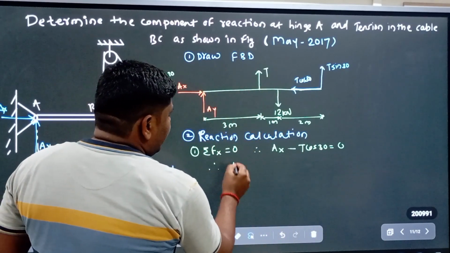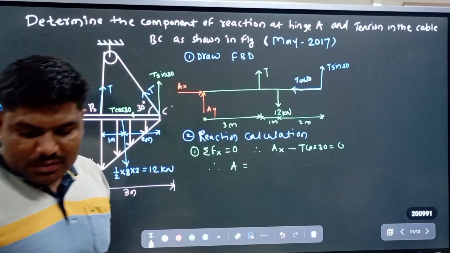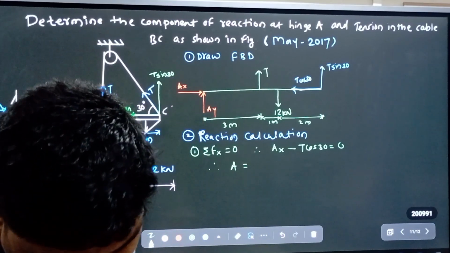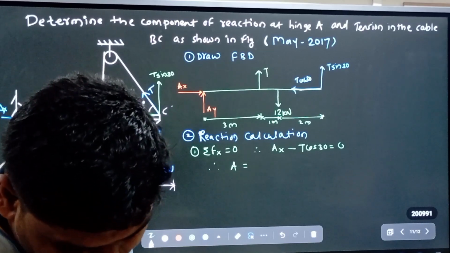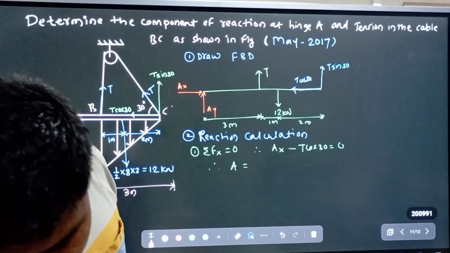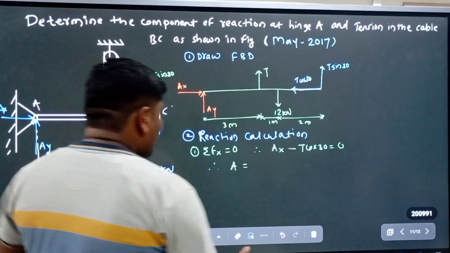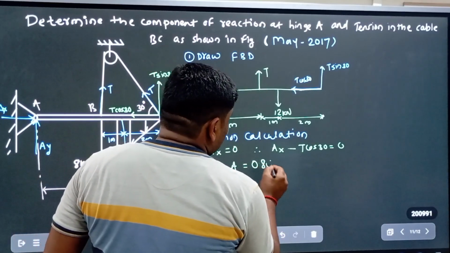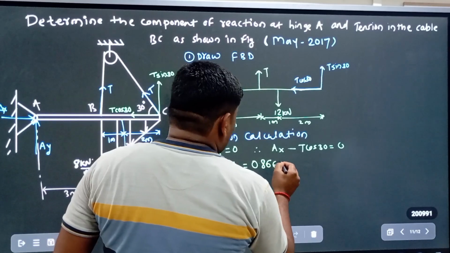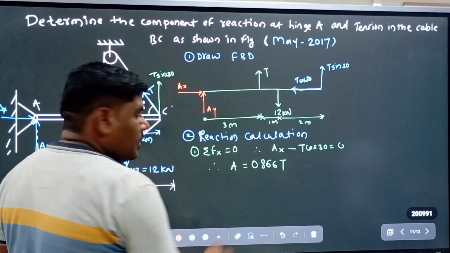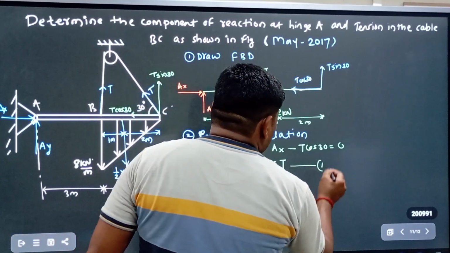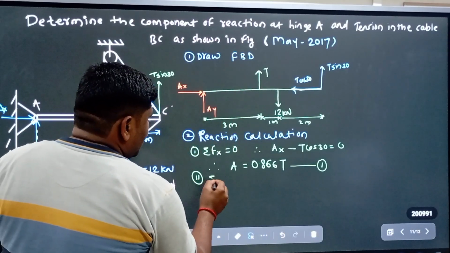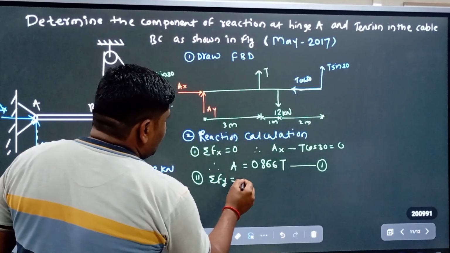Therefore AX is equal to T cos 30, and the value of cos 30 is 0.866. So AX equals 0.866 T. This is equation 1.